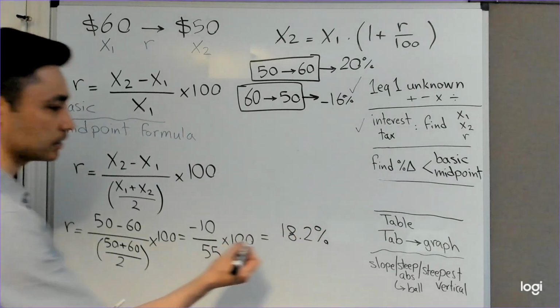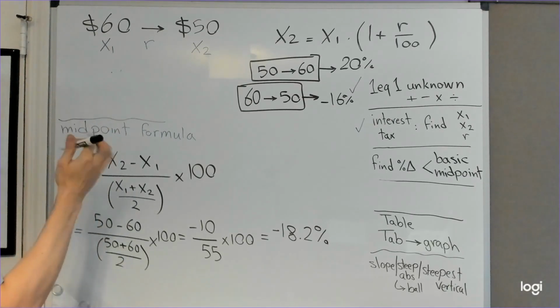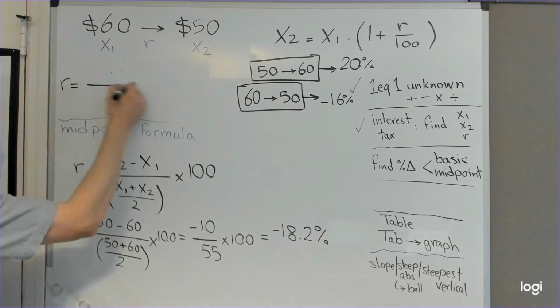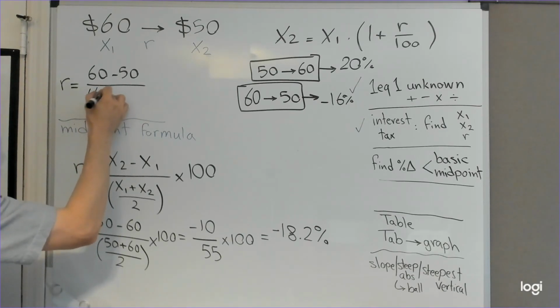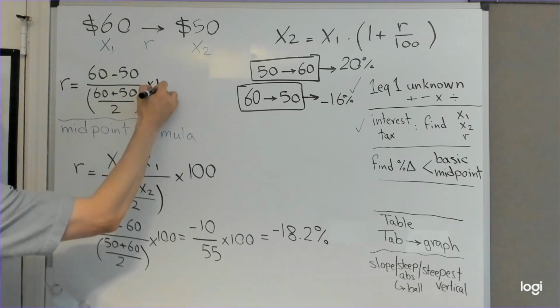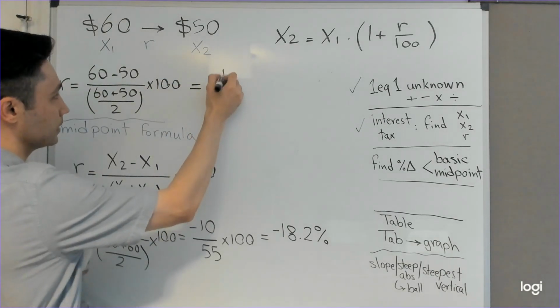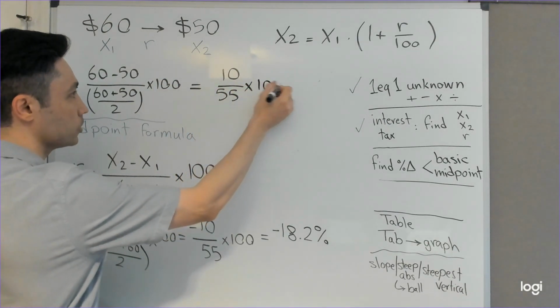And of course, this is a negative number because there is a decline. Now, if I go back from 50 to 60, now the percentage change is 60 minus 50 over 60 plus 50 over 2 times 100, which is 10 over 55 times 100.